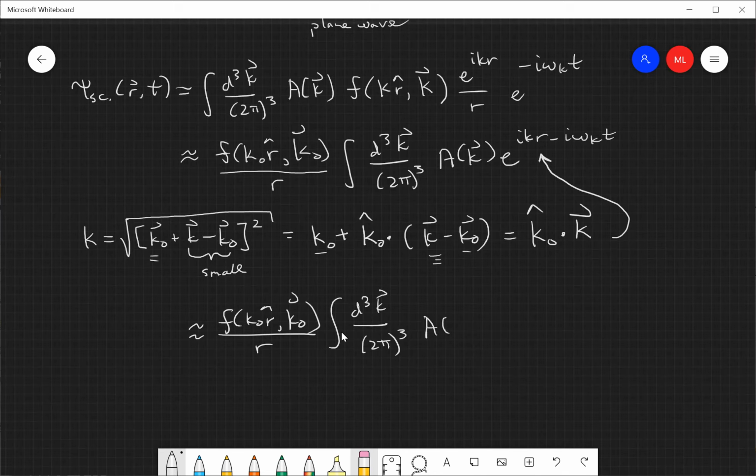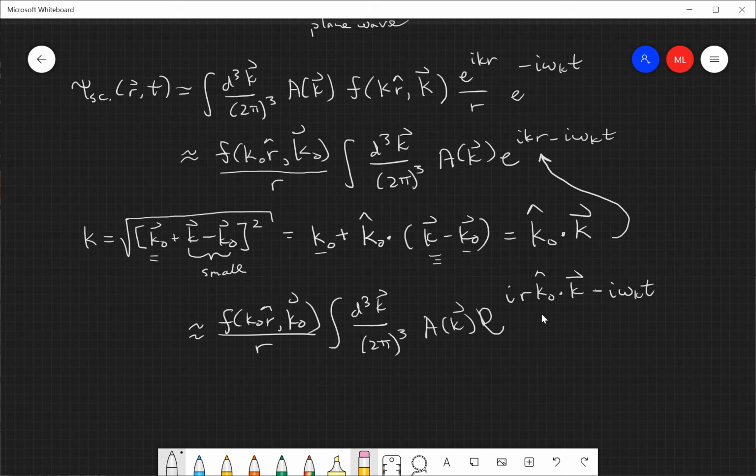And you have the amplitude, and you have e to the, what do you have up here? You have the e^(ikr), and then you have the k naught hat dot k, and you have the minus iω_k t. So that's the same.